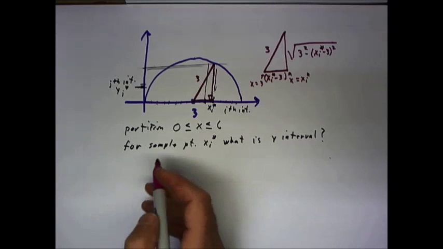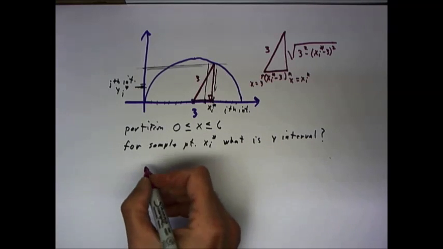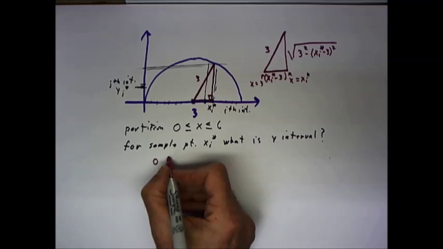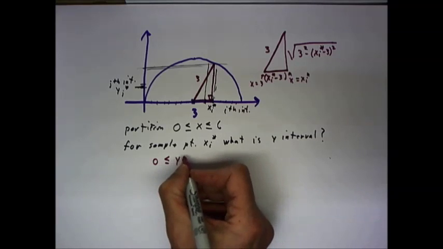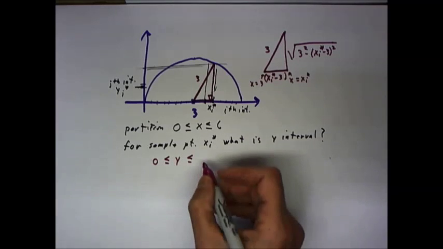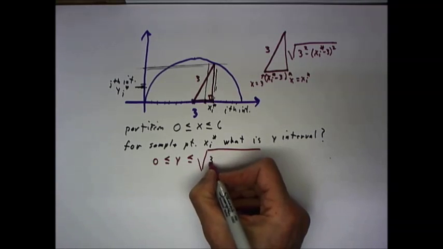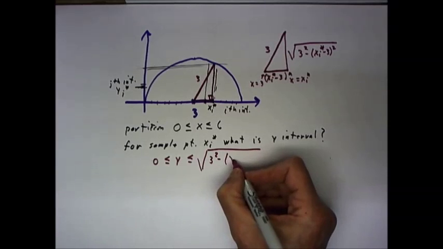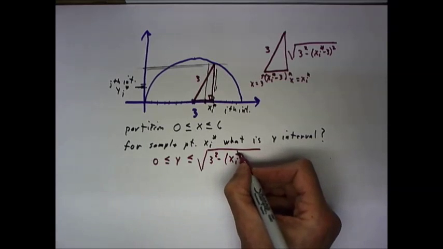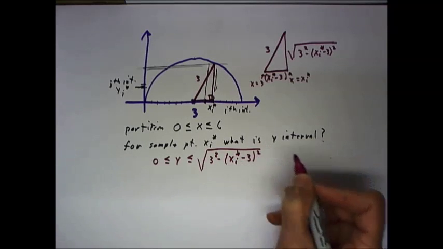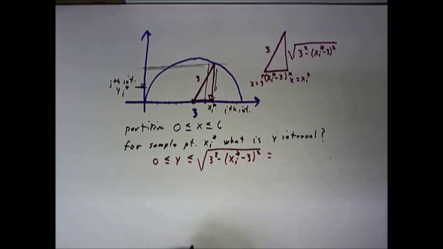So now we can answer the question about the y interval. It's 0 less than or equal to y less than or equal to, not going to bother simplifying that for the moment, the square root of 3 squared minus xi star minus 3 quantity squared. Now we'll go ahead and simplify it.